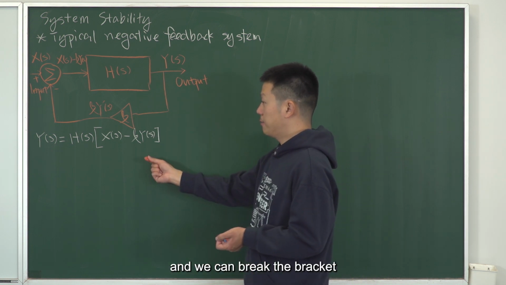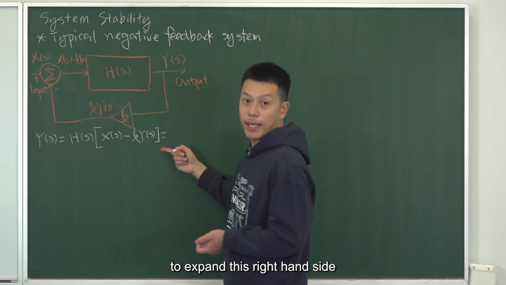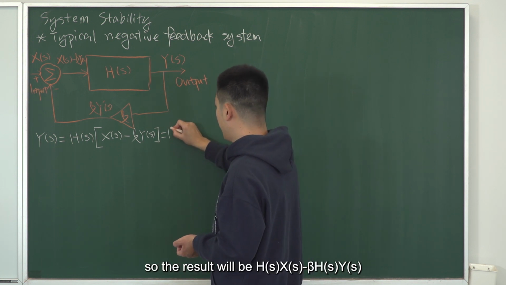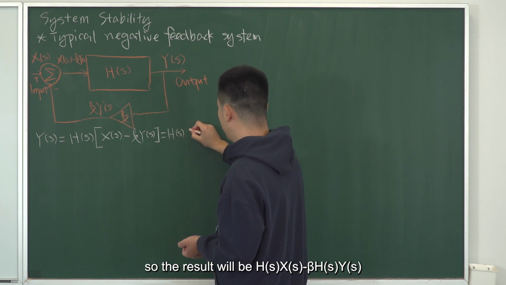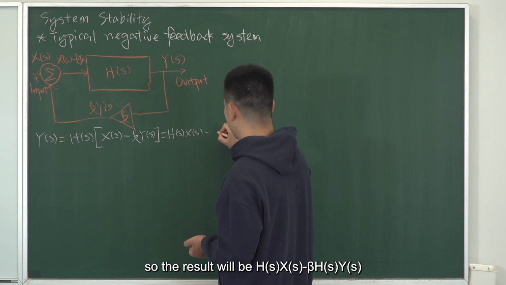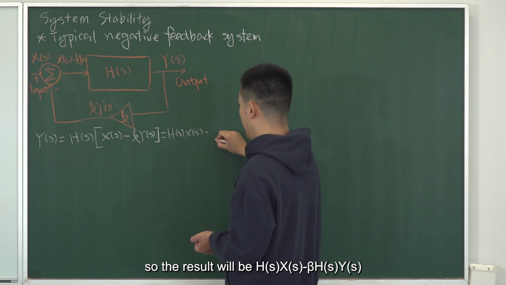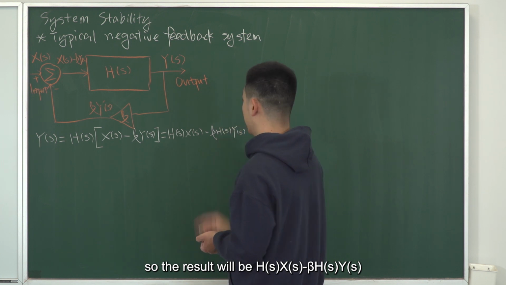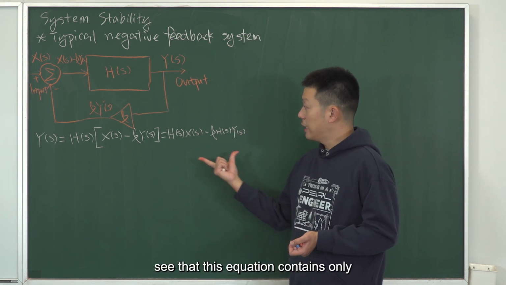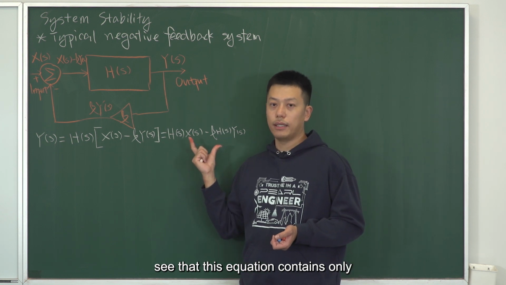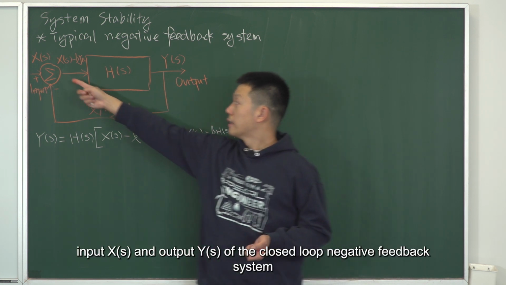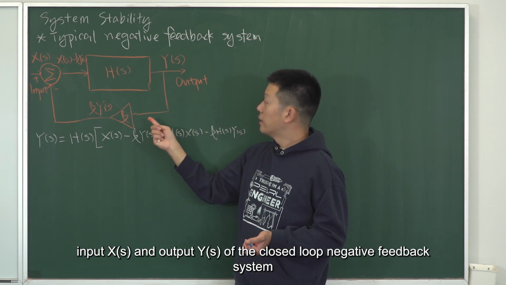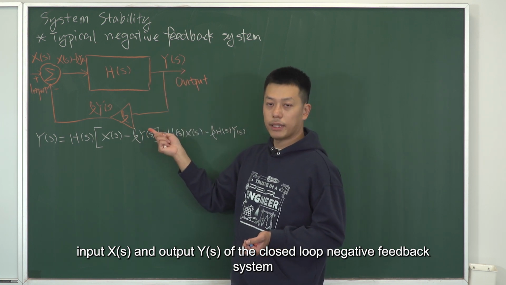We can break the bracket to expand this right-hand side. The result will be H(s) X(s) minus beta times H(s) Y(s). See that this equation contains only the input X(s) and output Y(s) of the closed loop negative feedback system.